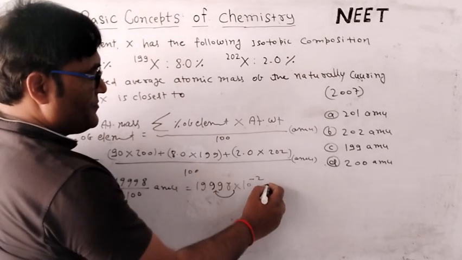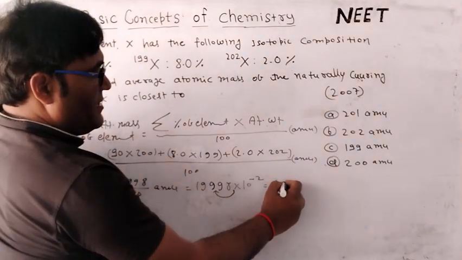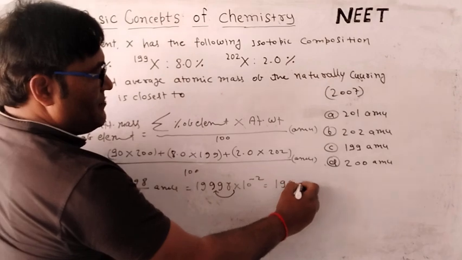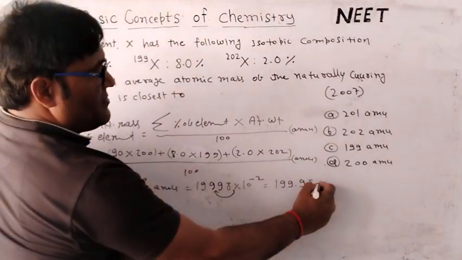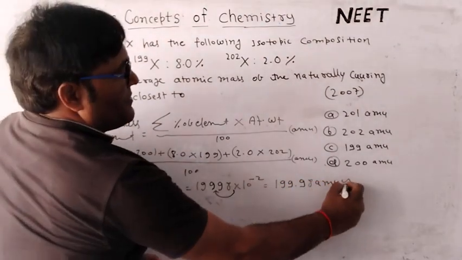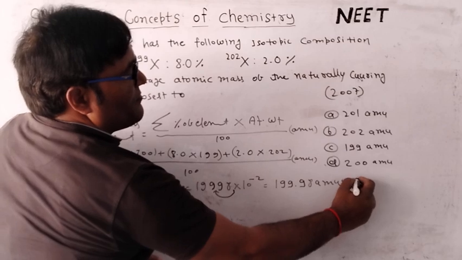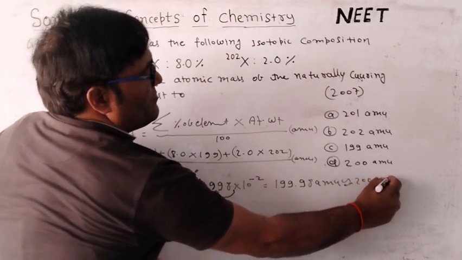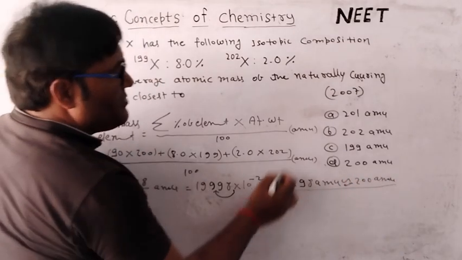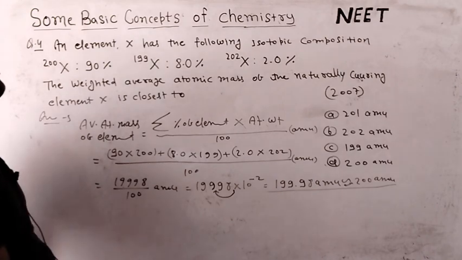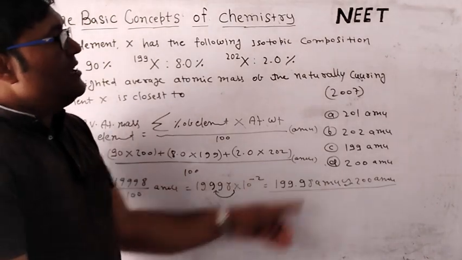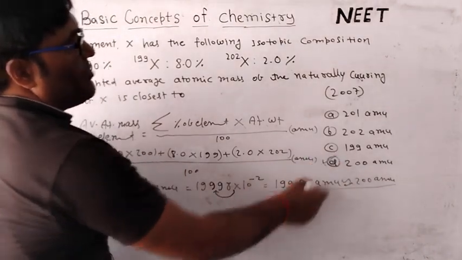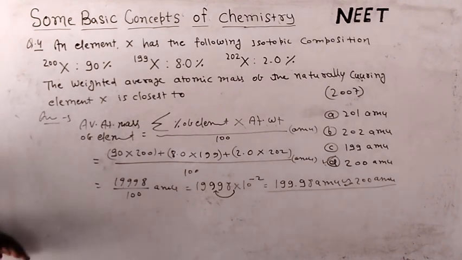So 199.98 AMU, approx 200 AMU. Now according to given answers, these four options, option D is more correct. So option D is correct. You can take a screenshot.